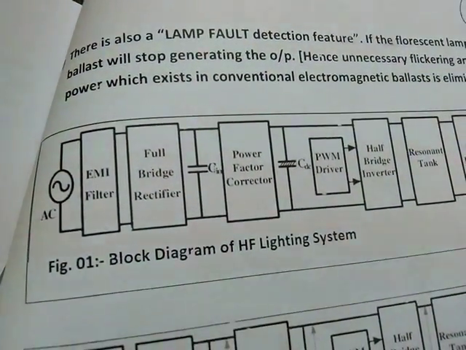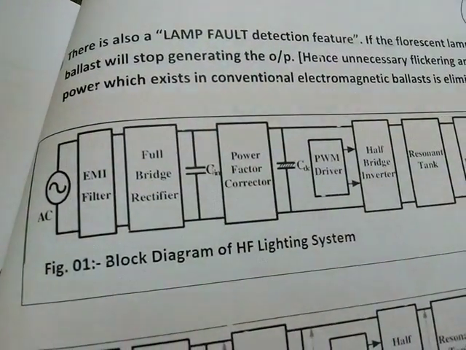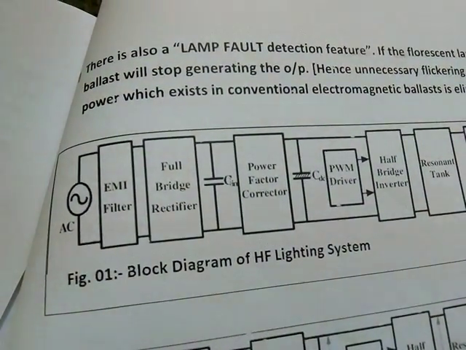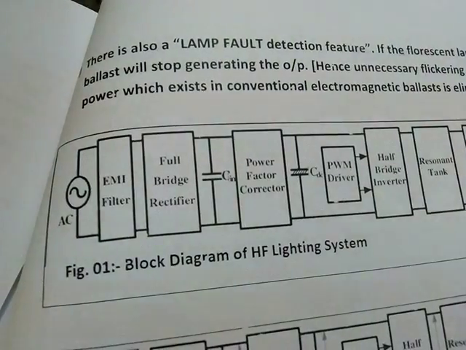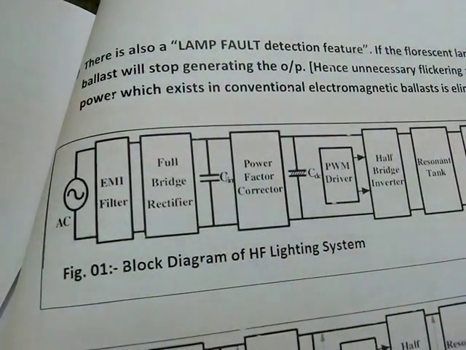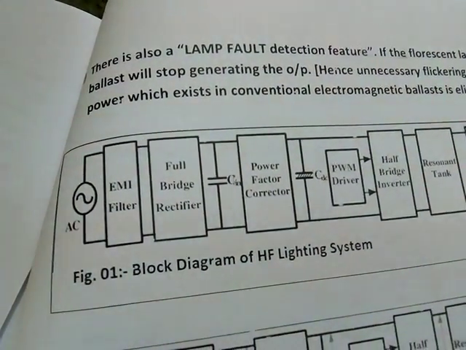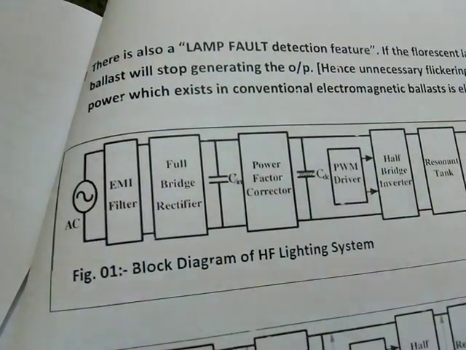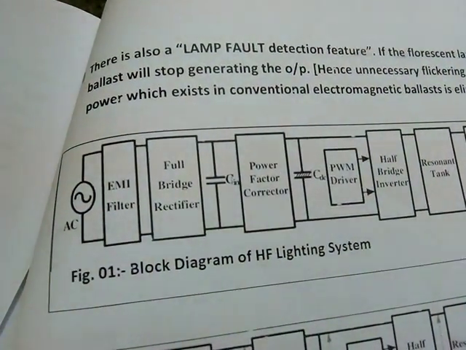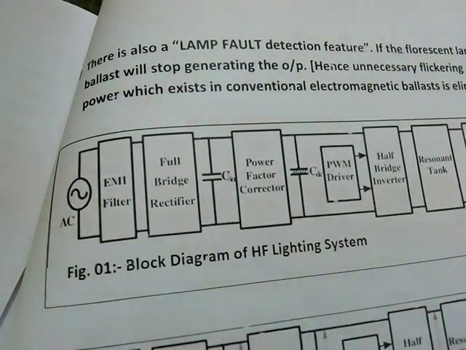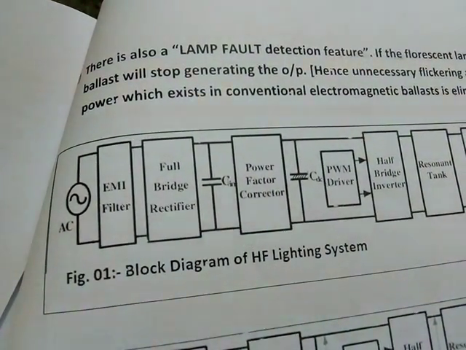You know, in a fluorescent lamp, there is a ballast or choke, which is necessary for starting as well as to limit the current when there is voltage variation in the supply.